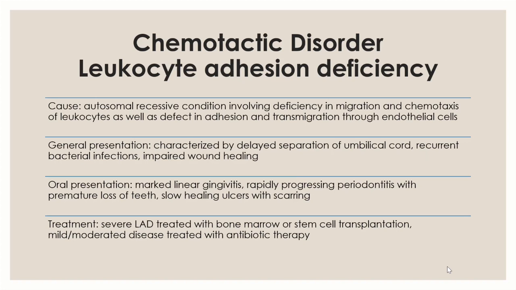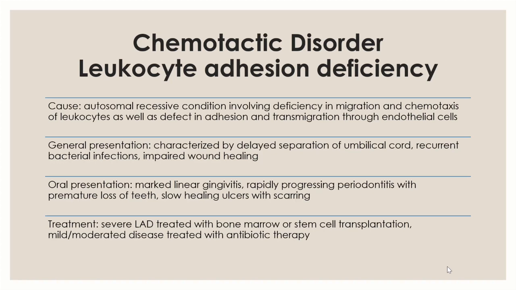The second type of chemotactic disorder is leukocyte adhesion deficiency. It is an autosomal recessive condition involving deficiency in migration and chemotaxis of leukocytes, as well as defect in their adhesion and transmigration through endothelial cells. The condition is characterized by delayed separation of the umbilical cord, recurrent bacterial infections, and also impaired wound healing.